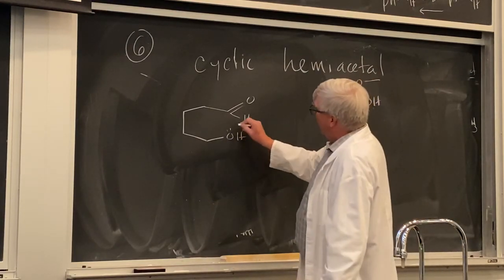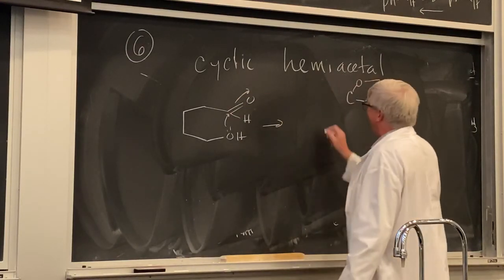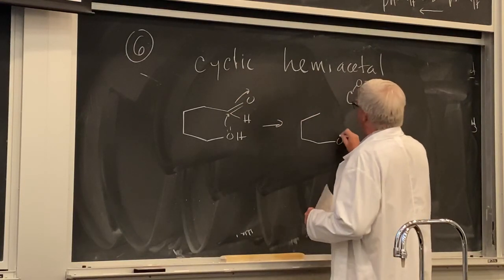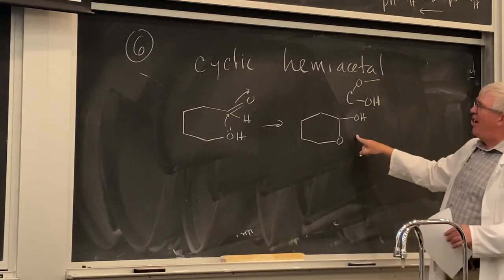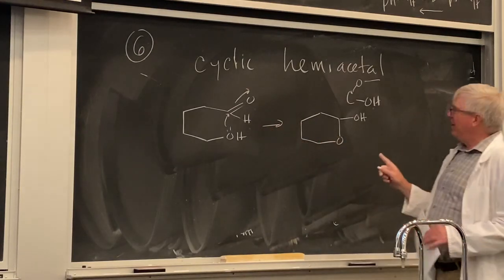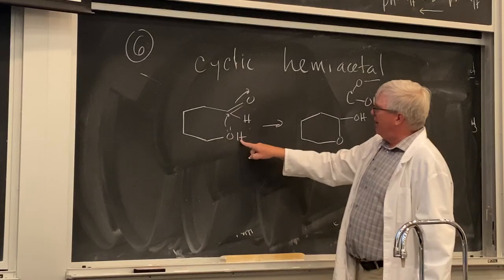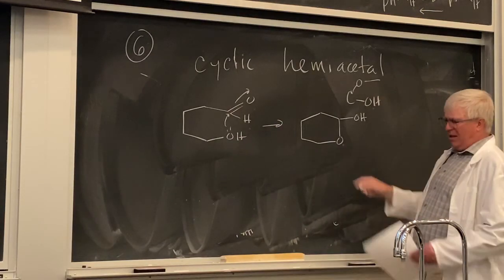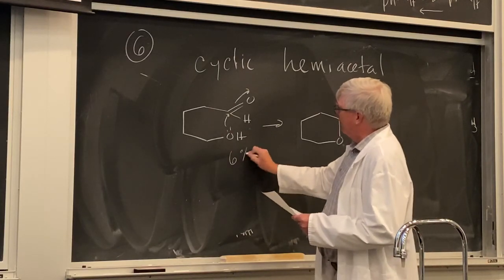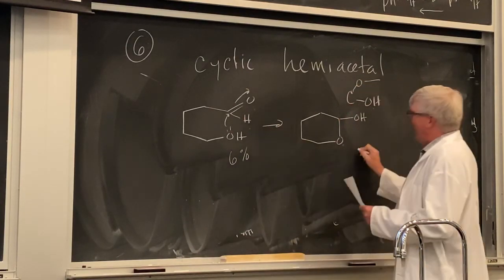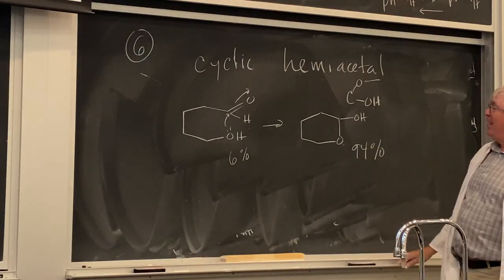Let's imagine that as the nucleophile. Even under neutral conditions, this will most of the time favor the hemiacetal. Now, mechanistically, we have to add in the nucleophile, and then we have to get that proton off. But at equilibrium, it's 6% the free aldehyde alcohol, and 94% the hemiacetal.